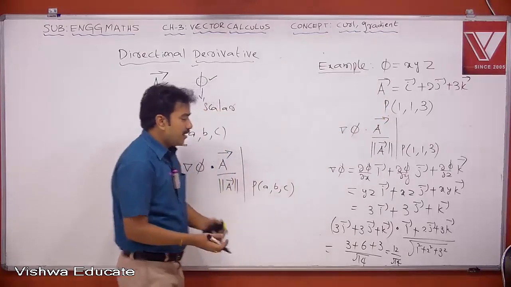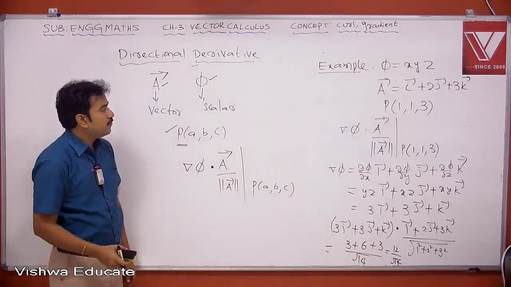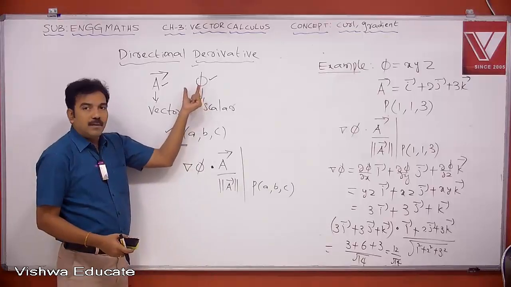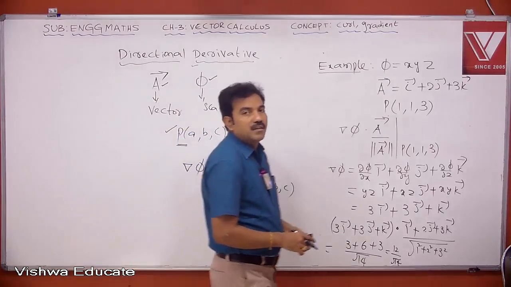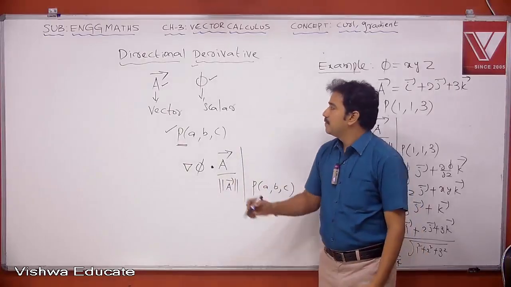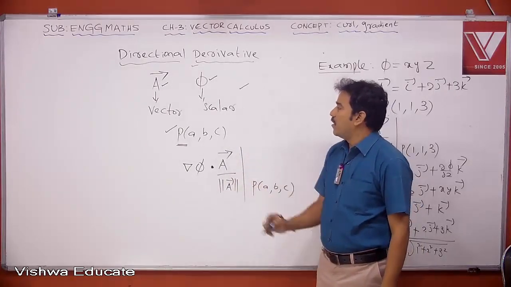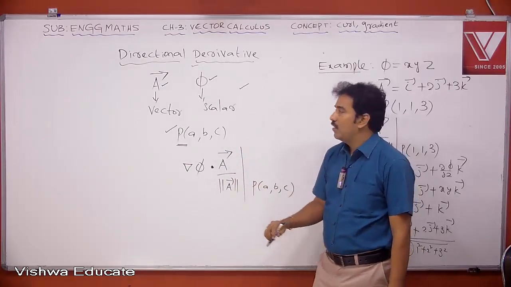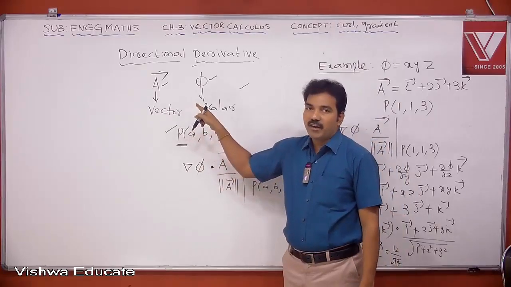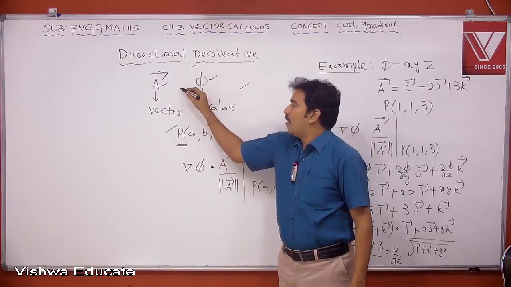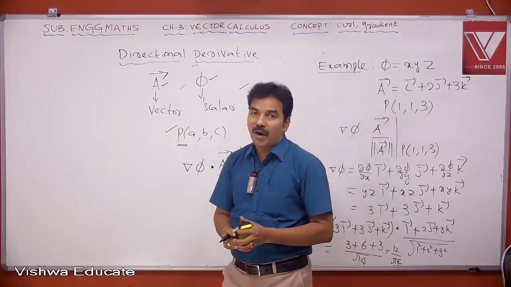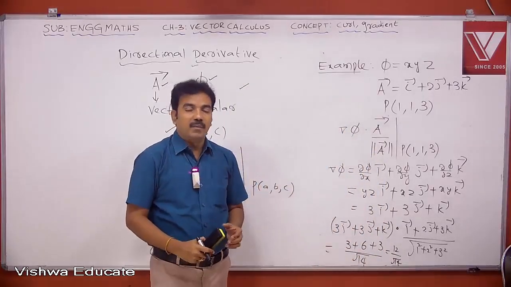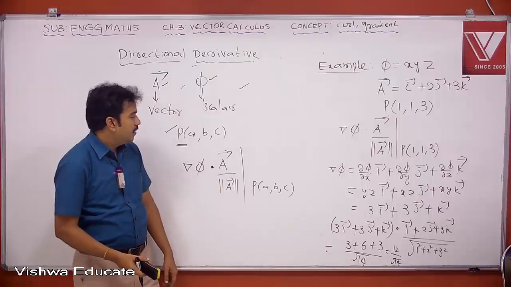Okay. So write the definition first. Let phi be any scalar and A bar be any vector.